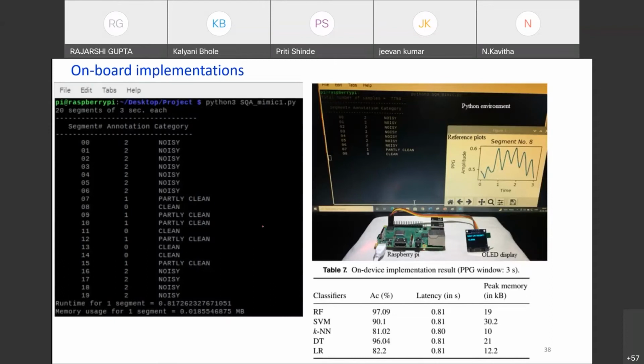This is the screenshot of Raspberry Pi in Python environment. It shows the number of segments, and it is telling whether it is noisy data, partly clean data, or clean data. Now this type of application is very important whenever you are using a standalone embedded system.